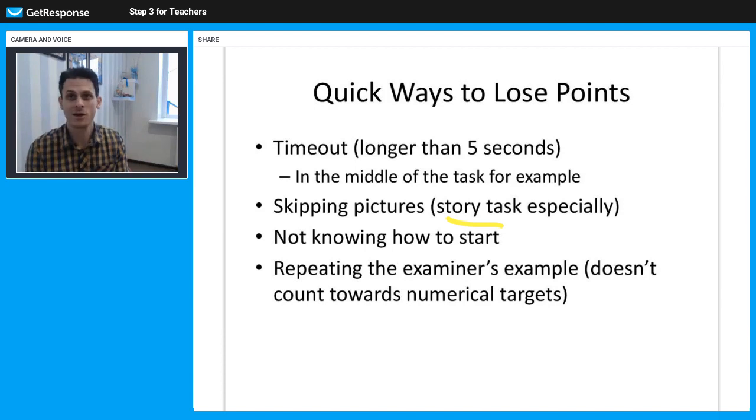At least it's a start. At least now we can build from there. And of course, it's a great time to remind students to just ask for more time. Just say, I need more time. I'm thinking. Give me a second, please. Any of those phrases are fine, just to stop the countdown of 5 seconds.